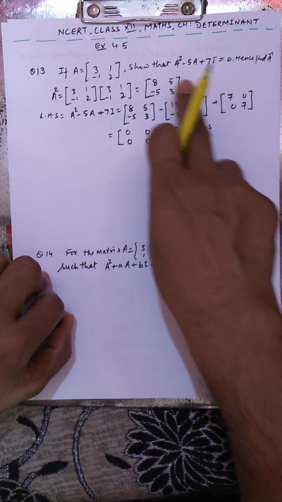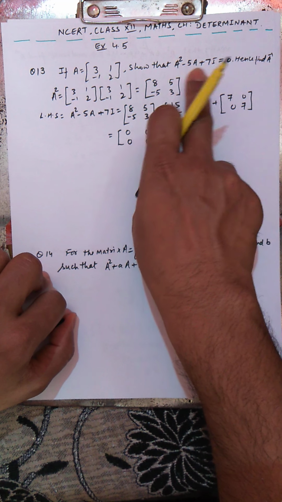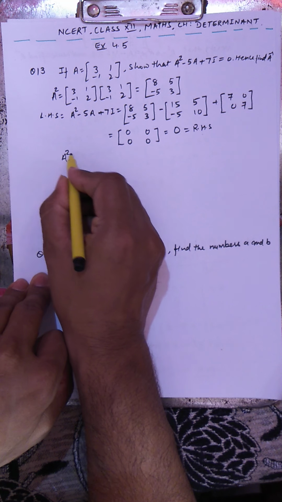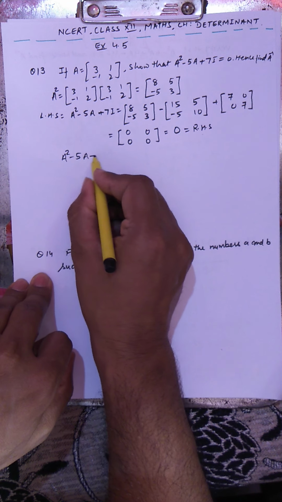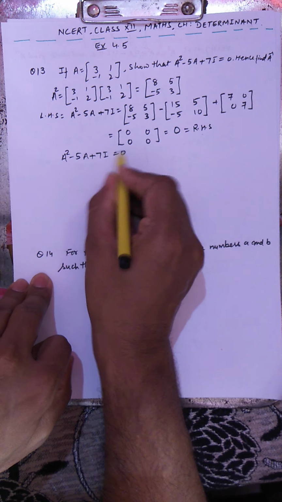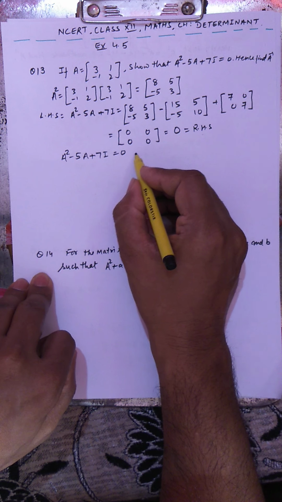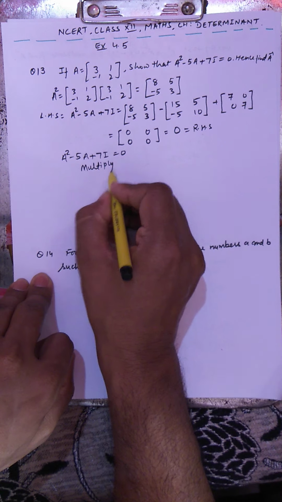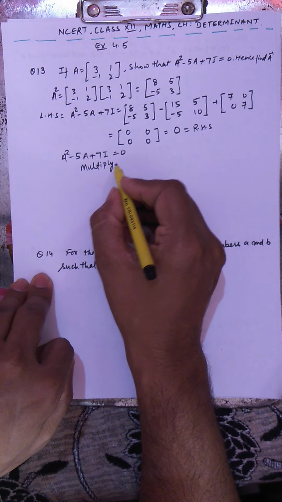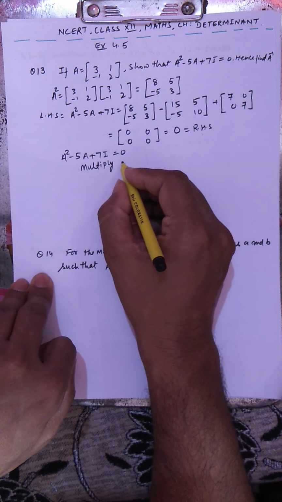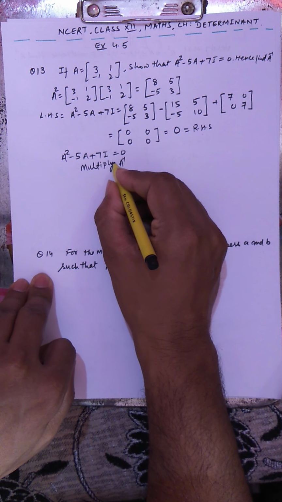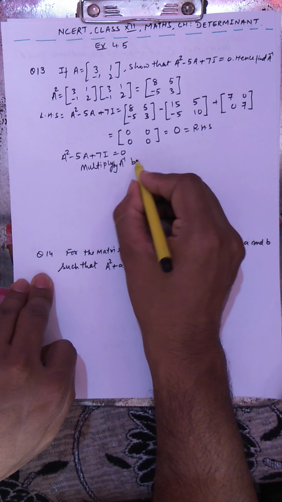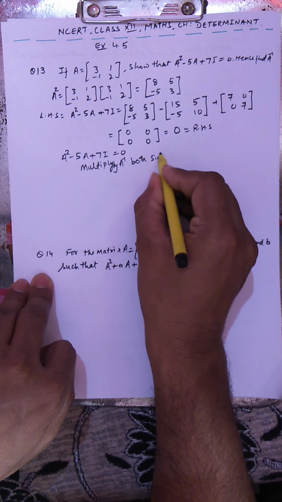Now next, we have to find A inverse using this equation. So we'll write this again: A square minus 5A plus 7I equals 0. Now you multiply by A inverse on both sides.